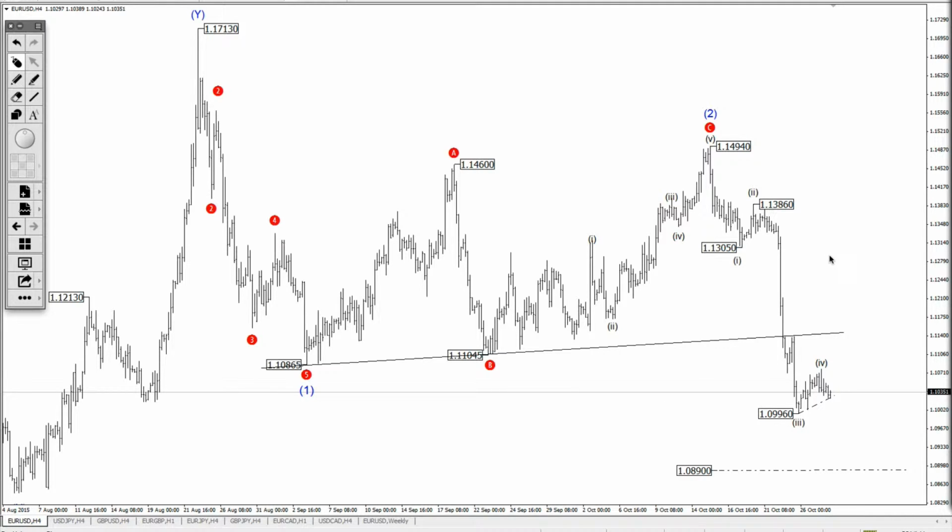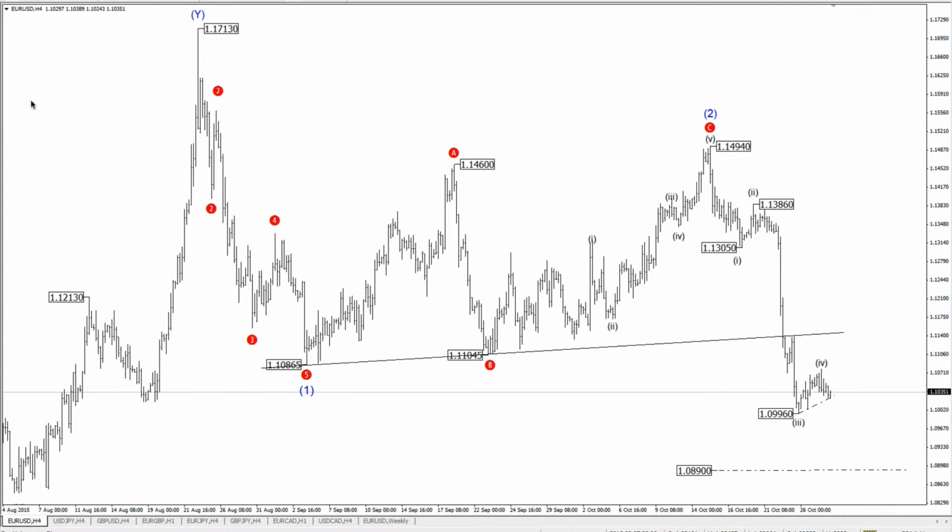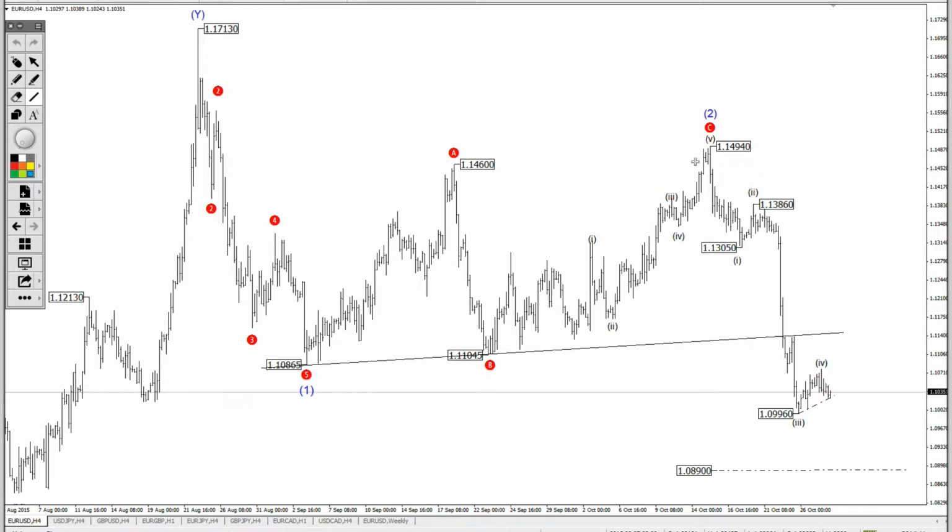So here we can see a 4-hour chart of Euro USD, and the wave divisions are very clear if we just draw them here.